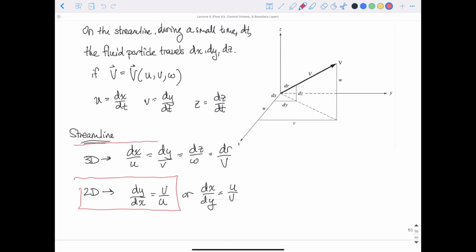So all this is a starting point, an equation that represents the equations of a streamline. So if we have a flow field that's known, we can calculate the equation for the streamline through that flow field if we know our velocity through space.